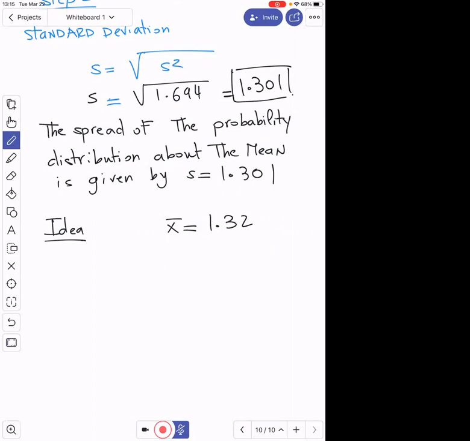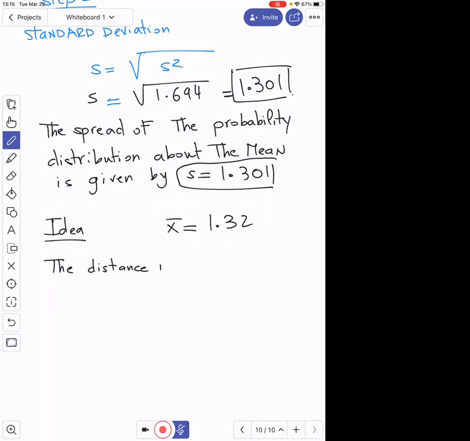So what we are saying with this 1.301 is, if you pick a random value of x, then what you expect on average as the distance between the x you pick and x bar is given by this s, 1.301.